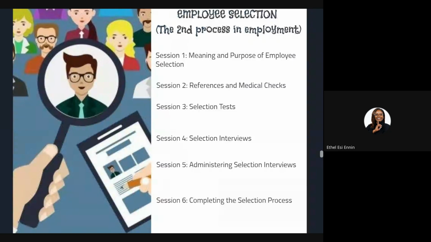Personality and interest tests. A person's cognitive and physical ability alone seldom explain his or her job performance. Other factors like the person's motivation and interpersonal skills are important too. Personality and interest tests are sometimes used to predict a candidate's suitability.